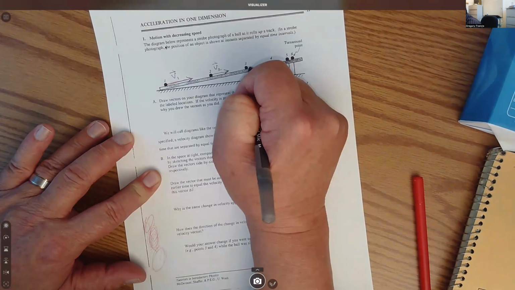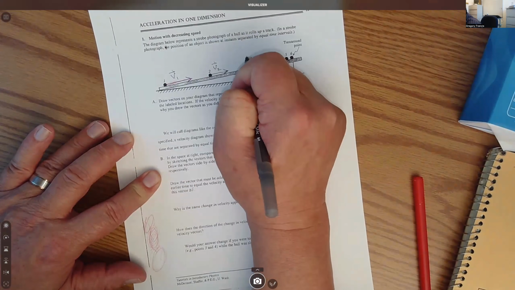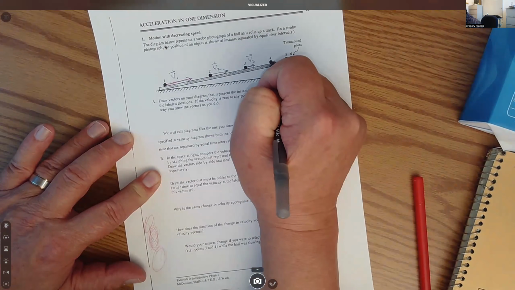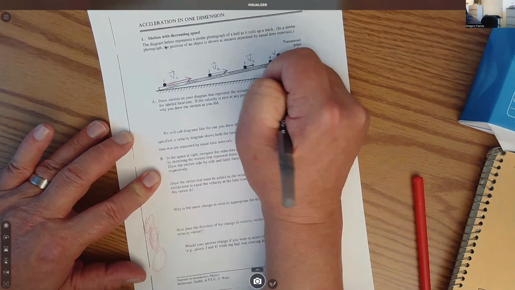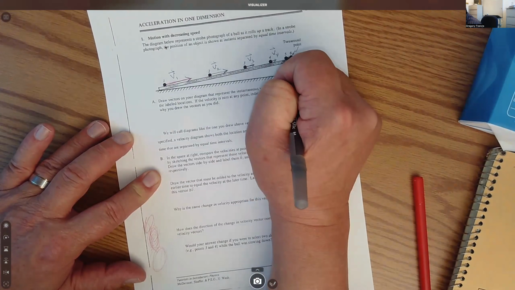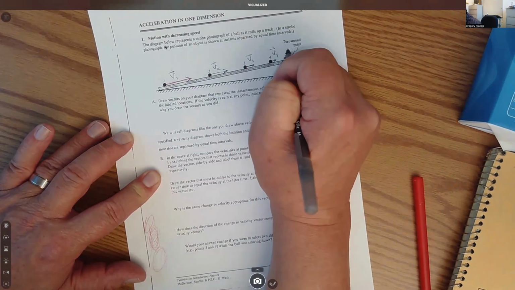And at 3, it's even shorter. 4, even shorter. 5, it's so small you can barely see it.